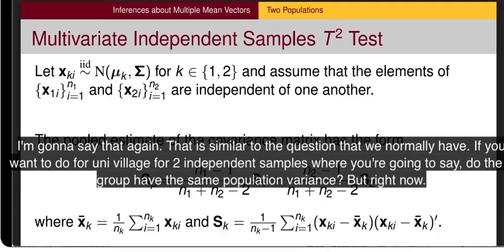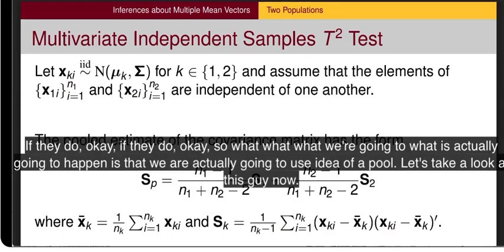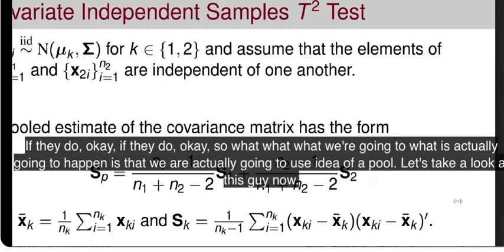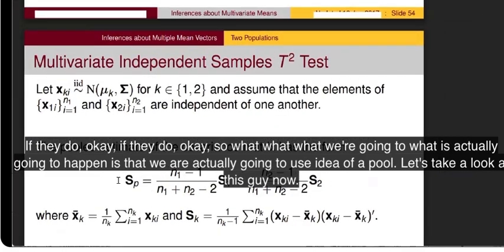I'm going to say that again. That is similar to the question that we normally ask for univariate, for two independent samples, where you say, do the two groups have the same population variance? But right now, we're going to ask ourselves, do they have the same population covariance? If they do, what is actually going to happen is that we're going to use the idea of a pool.